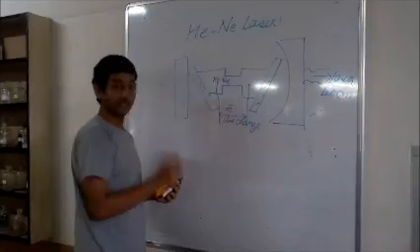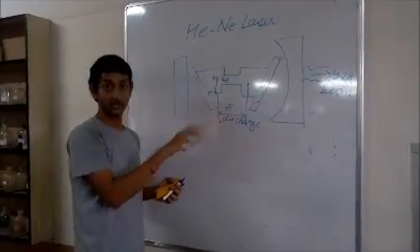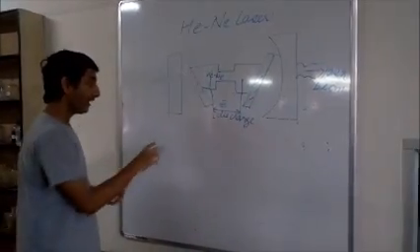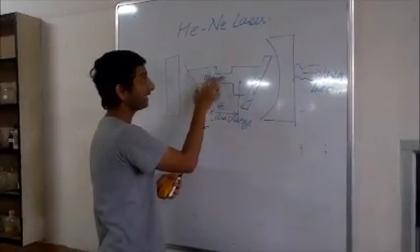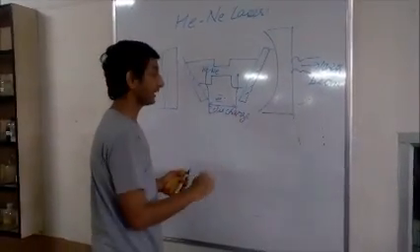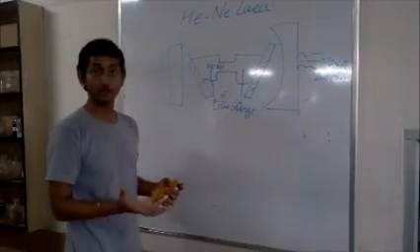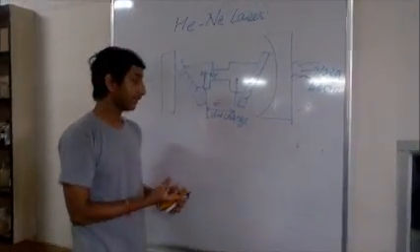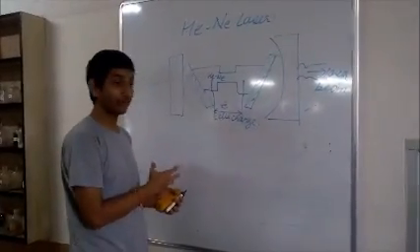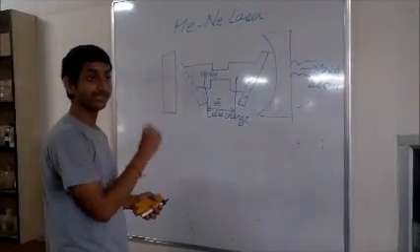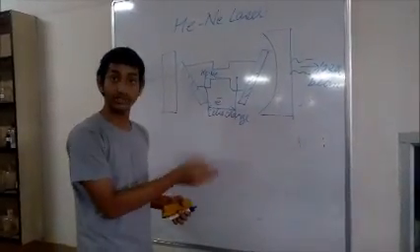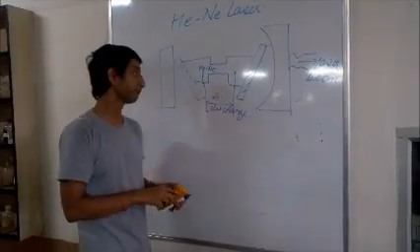Now the working process: how this helium neon laser works. Electrical discharge is given here, the helium neon is excited and the laser beam comes out. When 10 kilovolts of electrical discharge is given, electrons and ions are produced, which accelerate toward the anode and cathode respectively.